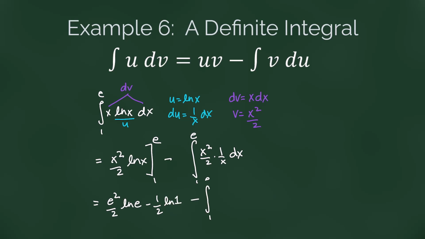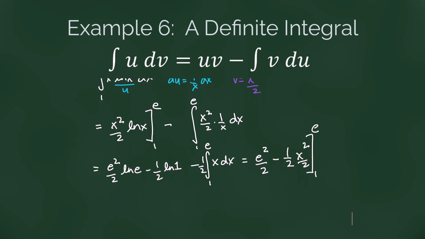We'll pull the 1/2 out in front of our antiderivative, so now we have the integral from 1 to e of x dx when we simplify that. ln e is 1, so we get e squared over 2 minus 1/2 x squared over 2 when we antidifferentiate. Now we'll plug 1 and e into all of that.